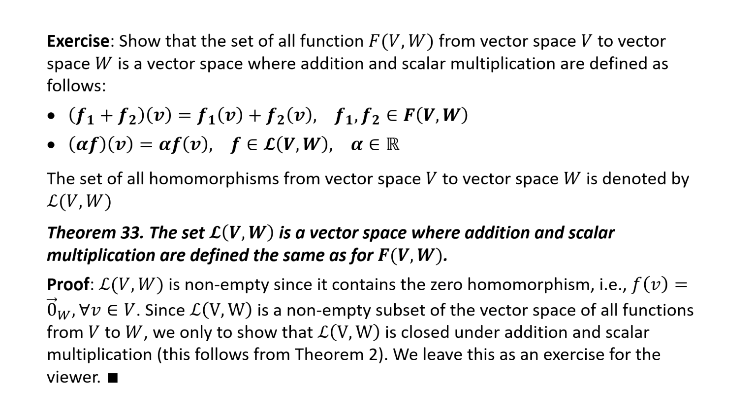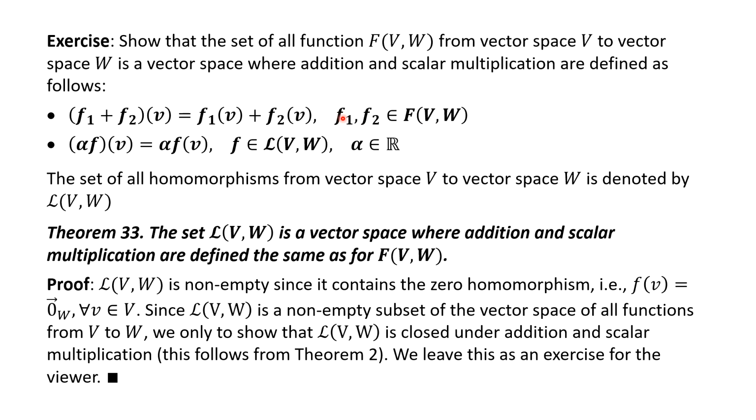We need a result that I'm going to leave as an exercise to the listener. Let's have a look at that. Show that the set of functions F(V, W) from a vector space V to a vector space W is a vector space in and of itself, where addition and scalar multiplication are defined as follows.